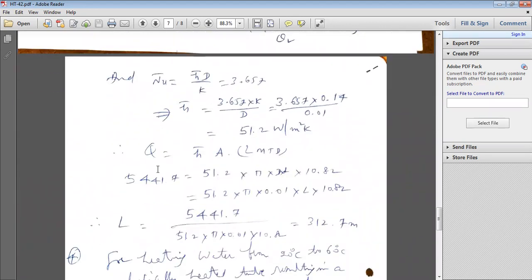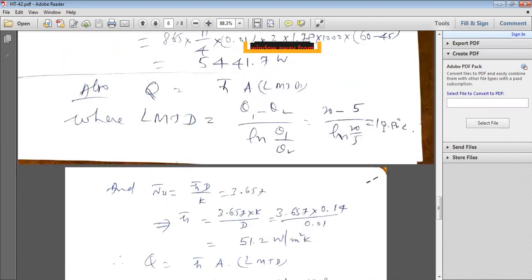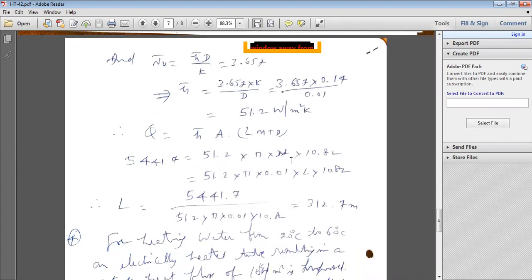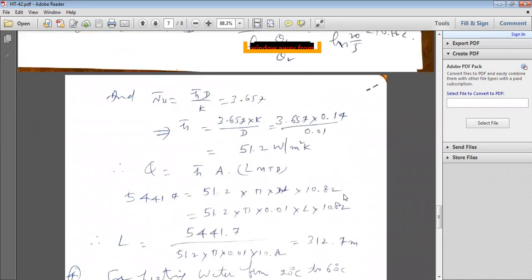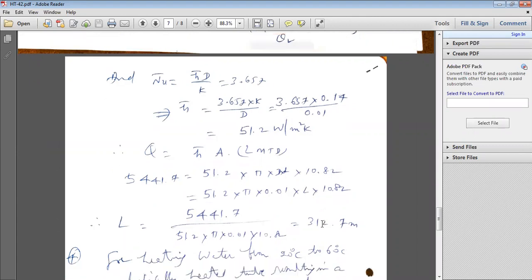So therefore, 5,441.7 is equal to h bar 51.2 into pi d L into LMTD 10.82. That's equal to 51.2 into pi into D, diameter of the pipe 0.01, into L, length of the tube or length of the pipe, which is to be calculated, into 10.82.